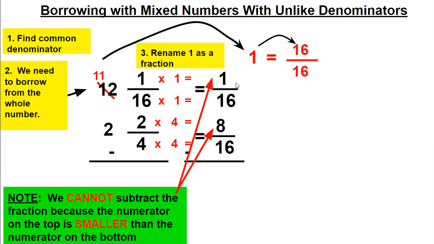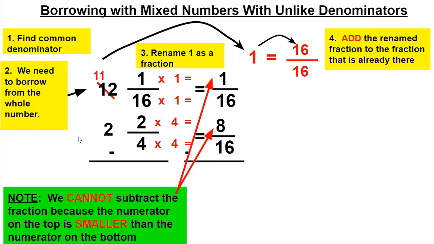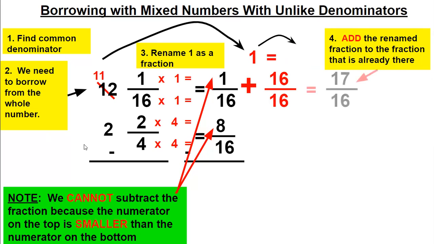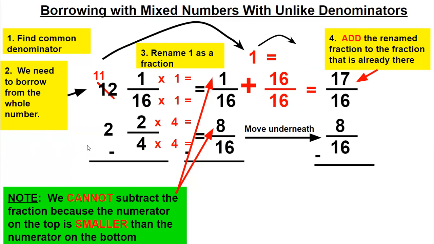But notice I've also got this 1/16 already here, so I have to add the 2 together now. Add the renamed fraction to the fraction that's already there. 1/16 plus 16/16 is going to give me 17/16. And now I can bring over that 8/16 and just line it up underneath and subtract.